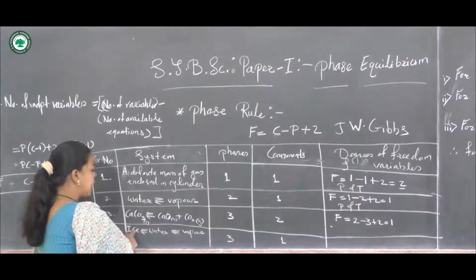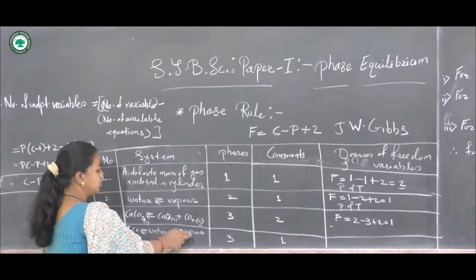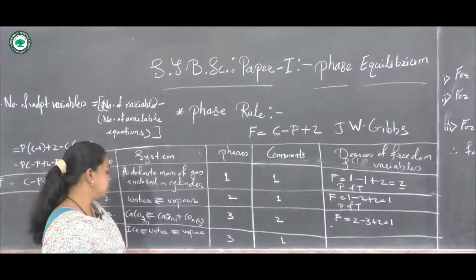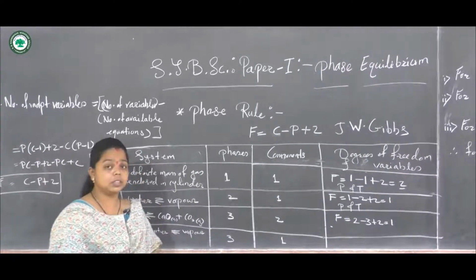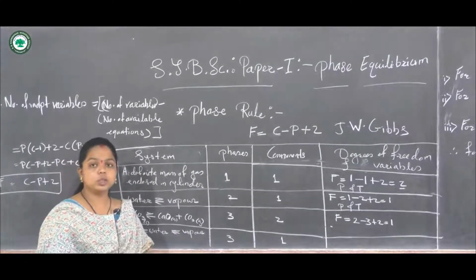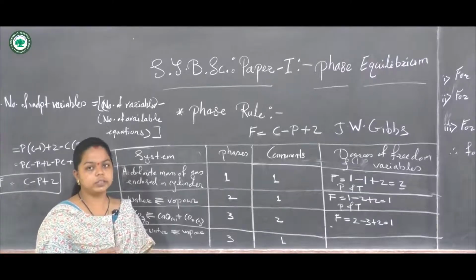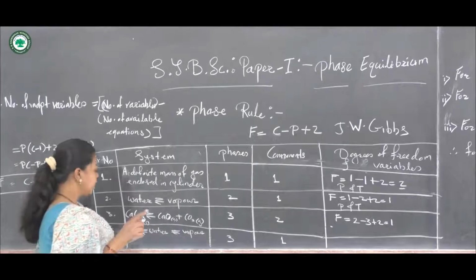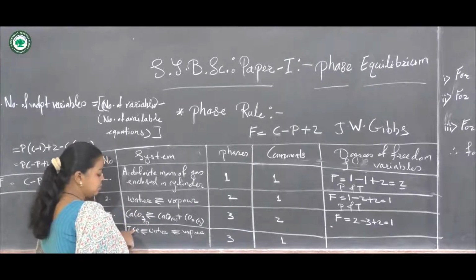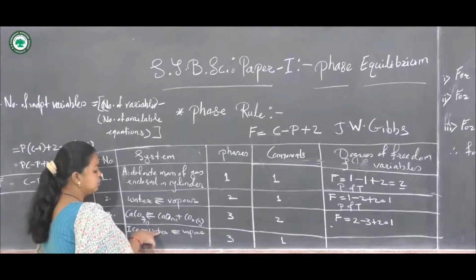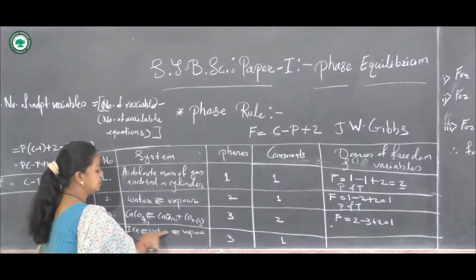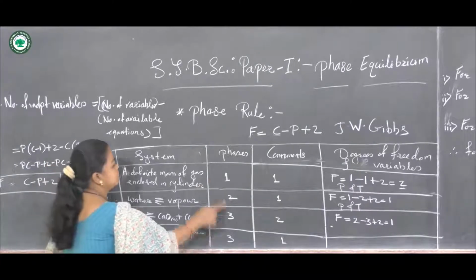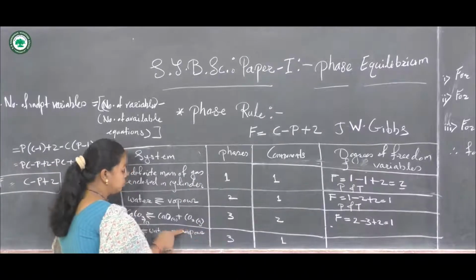Now next is ice in equilibrium with water, and water in equilibrium with water vapor. Here the chemical constituent, or component, is only one, that is water, H2O. It is present in the ice state, the water state, and the vapor state. So 3 phases are possible here and only 1 component.